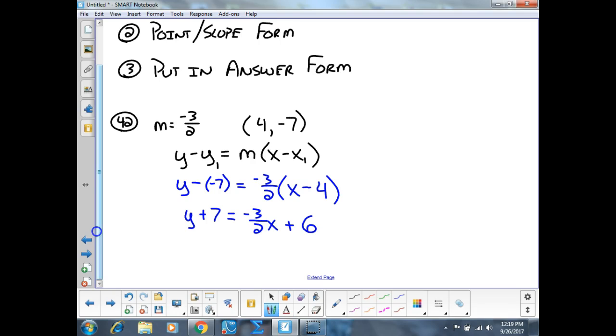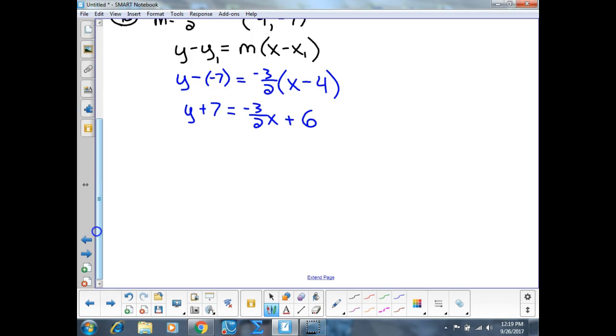Okay. What's the one condition of standard form? Actually, before we do that, let's get rid of the 7 first. Now, what's one of the conditions of standard form?